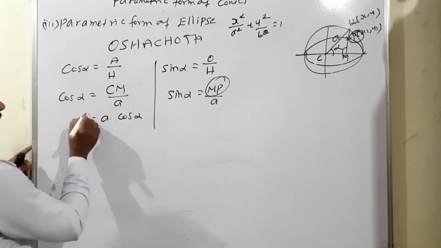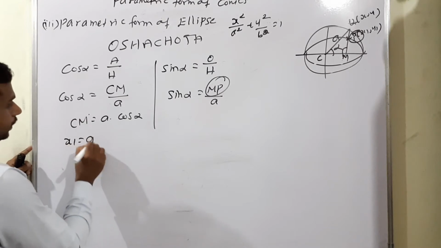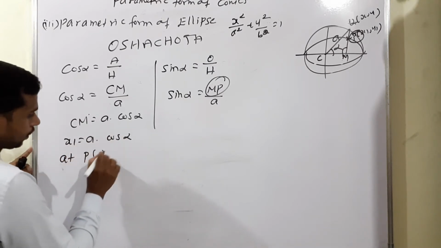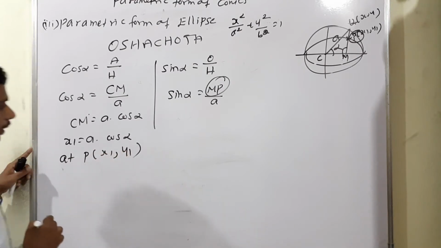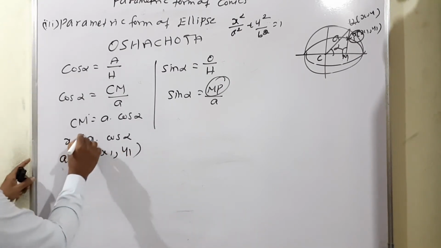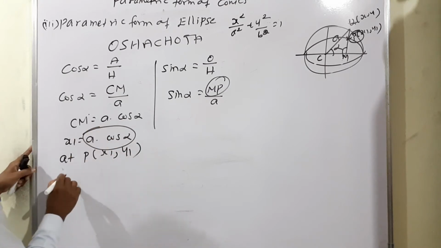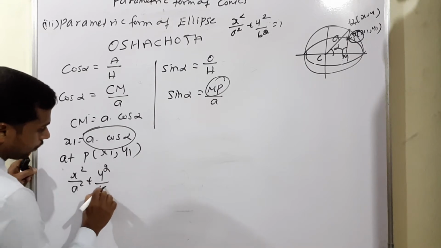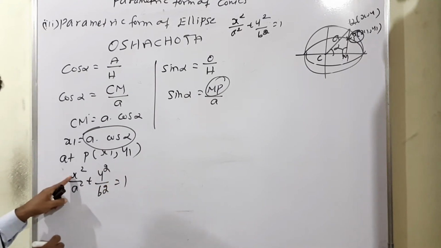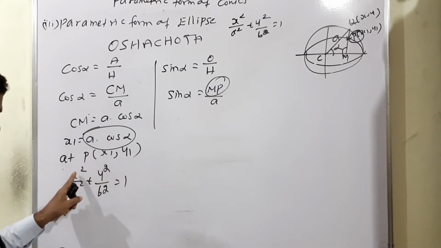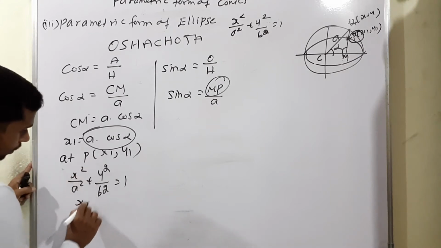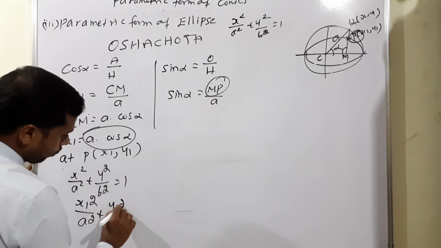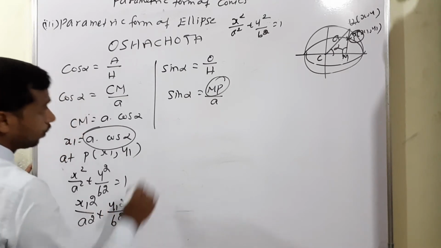Consider x1 as A cos alpha, meaning at the point x1 comma y1, instead of x1 we can write A cos alpha. The ellipse equation x square by A square plus y square by b square is equal to 1 becomes x1 square divided by A square plus y1 square divided by b square is equal to 1.